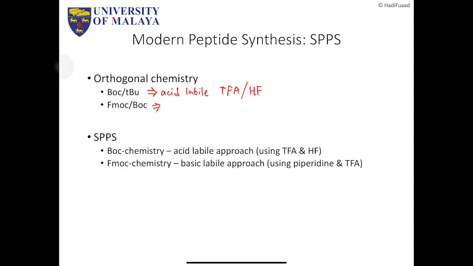FMOC chemistry is more base labile, where you use piperidine to remove the FMOC from the N terminal of the amino acid, but then you use TFA to remove the peptide from the solid support. I've also mentioned it there.